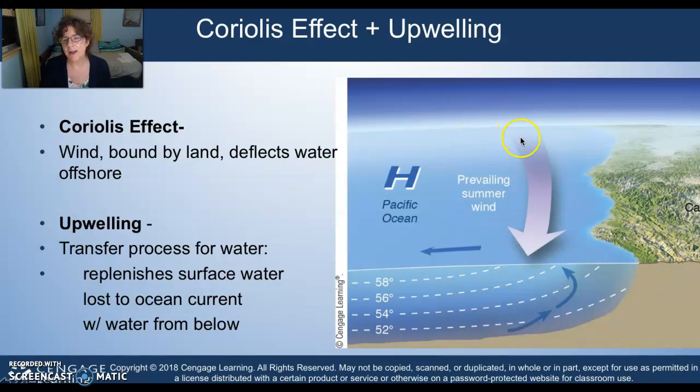So we have a current coming down, bringing water molecules with it. Suddenly it deflects to the right, and it leaves an absence of water molecules here. As a result of this, upwelling brings up the cold water from the depths to fill that void.